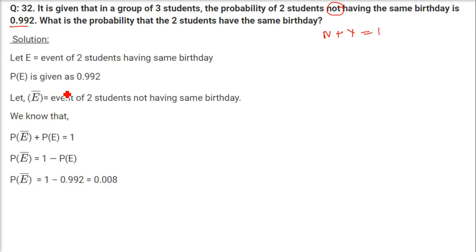The event here is 2 students having the same birthday, and the event of 2 students not having the same birthday we just write using E with a bar. So when you add them, it is going to be 1. But the probability of not having is given, so having will be just subtracting this number from 1. That is, 1 minus 0.992 is 0.008.